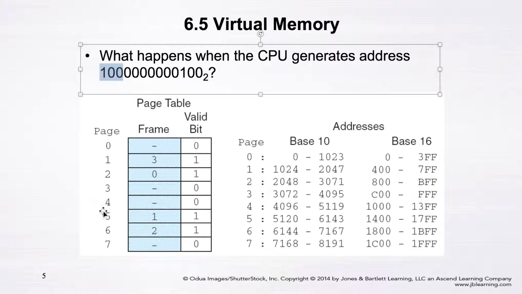So 4 is going to be the page number, and looking at the page table right here, 4 has no frame in there. So in this case, we have a fault, because there's no page frame in the page table to look at.